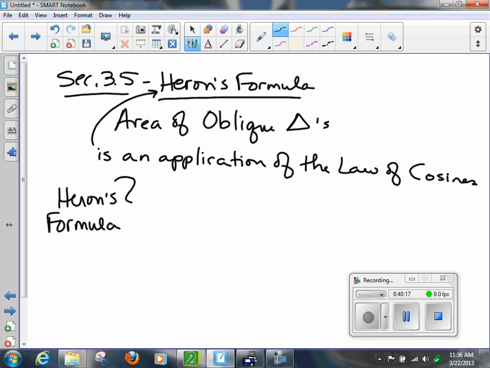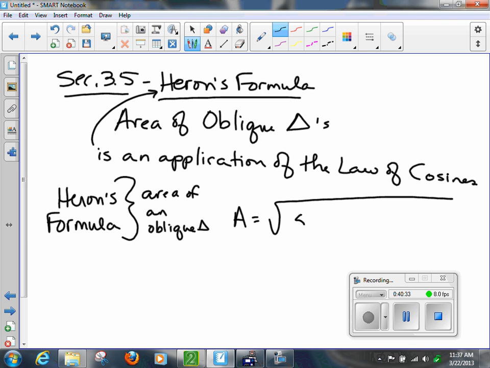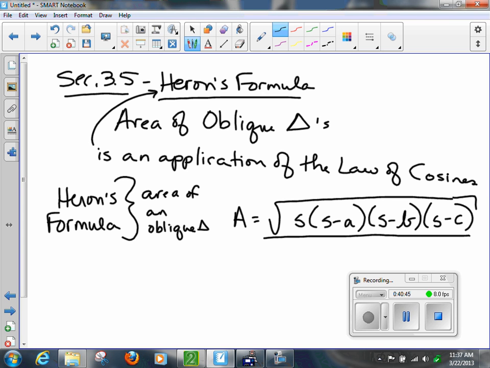Here we go. Area of an oblique triangle. You're just going to write this on your card. A is equal to the square root of S times the quantity S minus A times the quantity S minus B times the quantity S minus C, all of it over nothing.